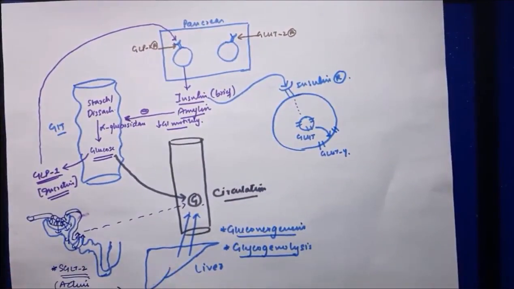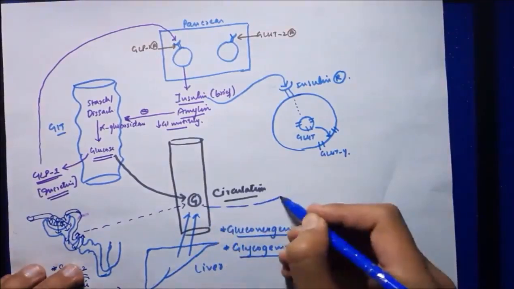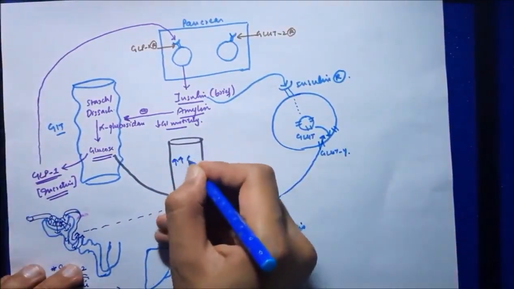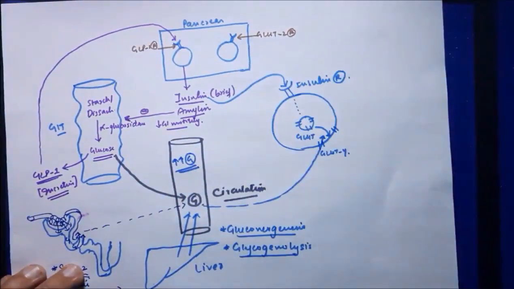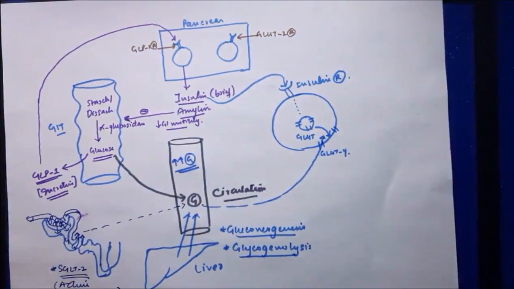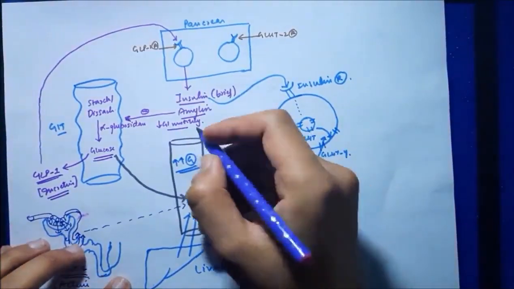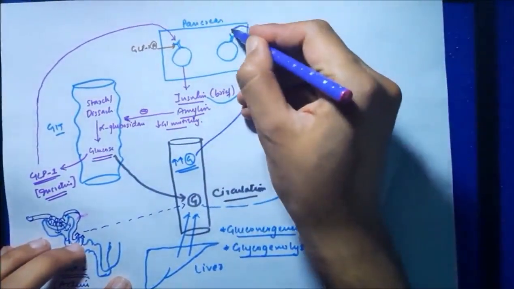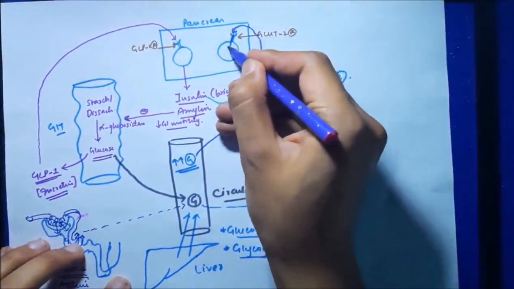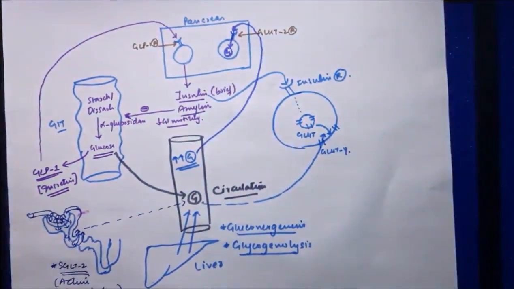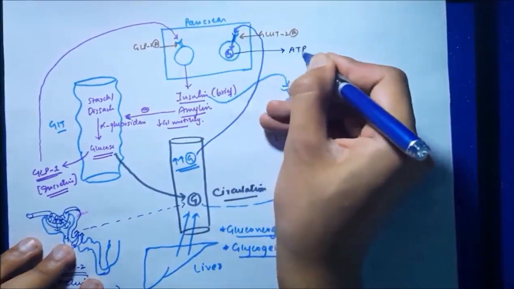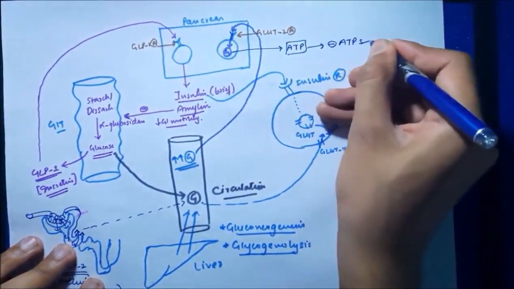However, as the concentration of glucose goes on increasing, the high concentration of glucose will stimulate GLUT2 receptors of the pancreas. As the GLUT2 receptors of the pancreas are stimulated, this glucose will be taken in by the beta cells and it will be metabolized. So this will result in release of ATP. Now the ATP which is generated will inhibit ATP-sensitive potassium channels.